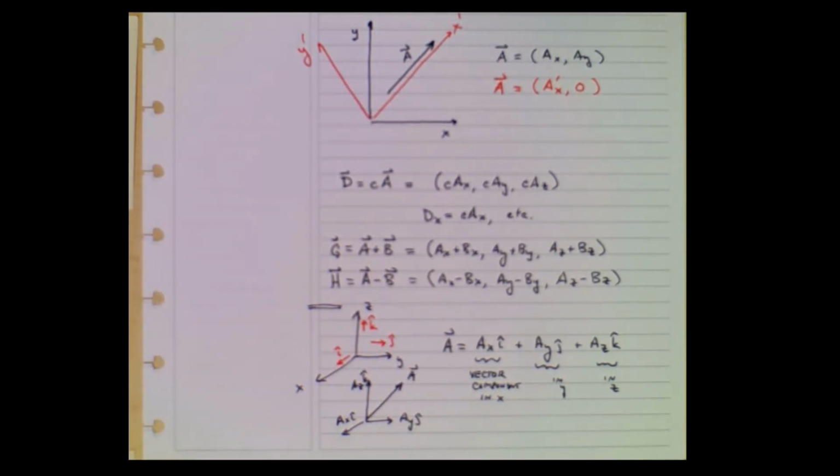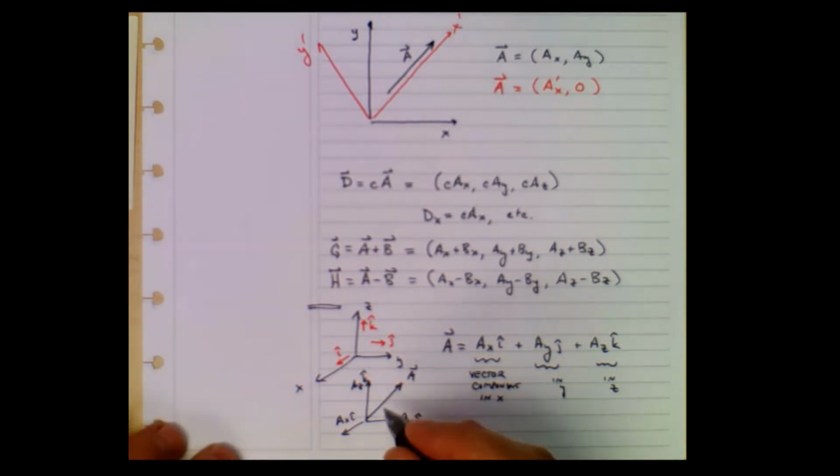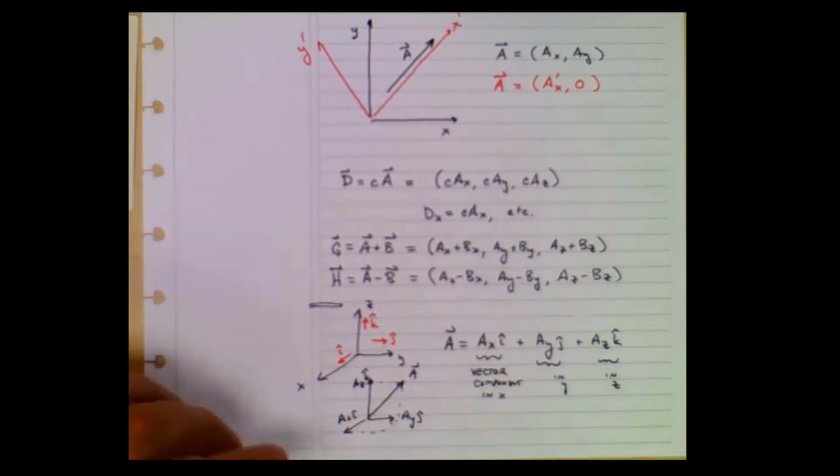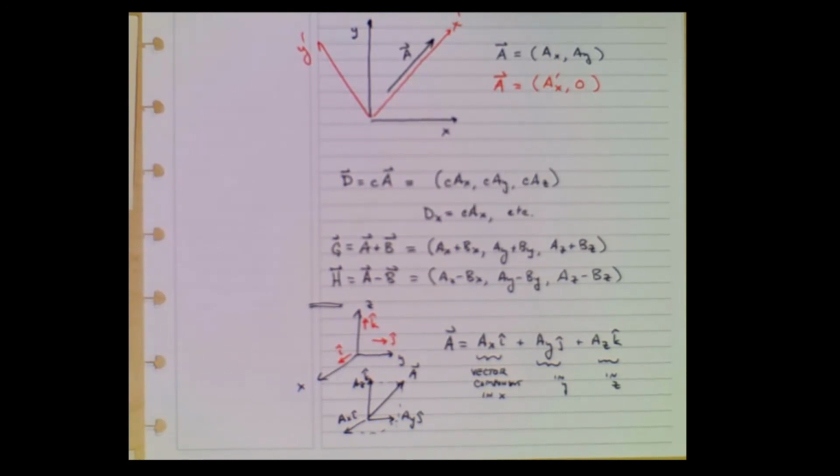And those three added together represent the three components of that vector.